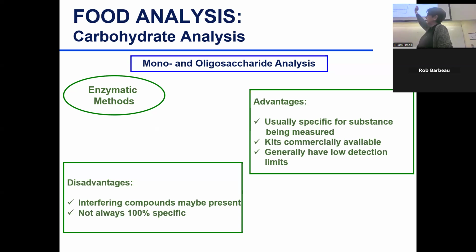Now, everything has disadvantages. You might have components in your complex matrix system that absorb at the same wavelength. So we try to correct by using correct blanks. And sometimes you have to do the standard addition process, like we talked about in one of the spectroscopy lectures.